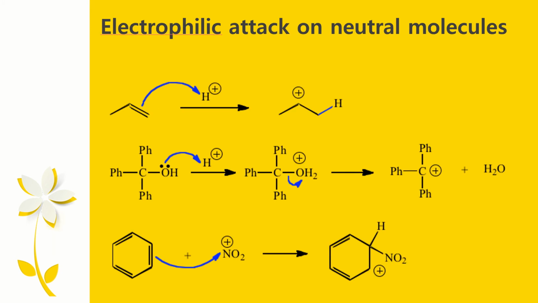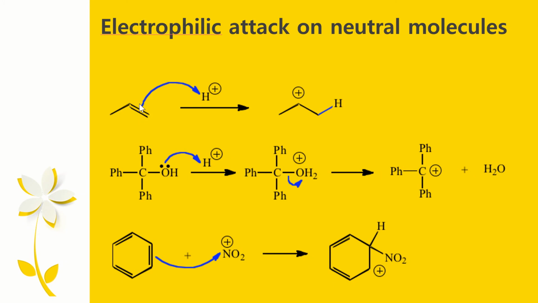The second way is via electrophilic attack on neutral molecules, right? So here we have an alkene double bond. And if we show here that the arrow starts on the double bond, and it ends on the acid, so clearly we have two bonds here.